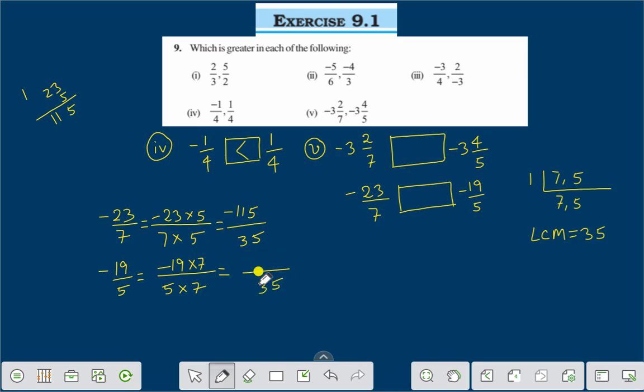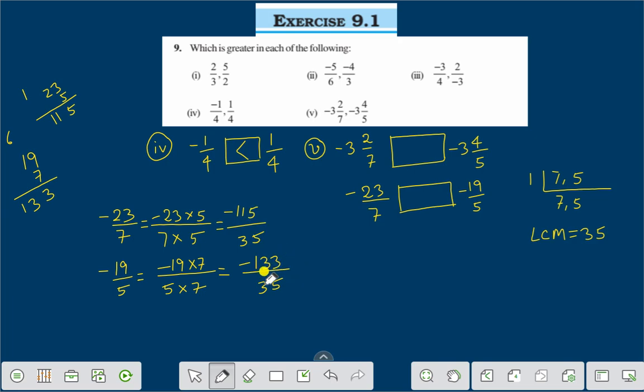And if we multiply 19 by 7, 7 nines are 63, write 3 and carry 6, 7 ones are 7 plus 6 is 13, that is 133 by 35. That is minus 133 by 35.